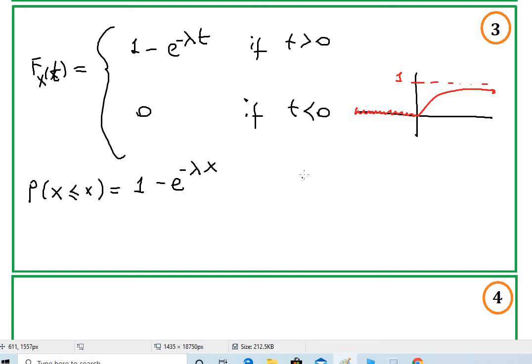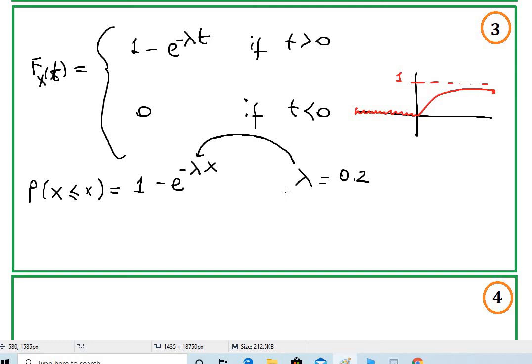If your lambda parameter is, let's say, 0.2, then you plug in 0.2 for lambda and find the probability that X is less than or equal to x. We're going to see that in the examples in part 2 of this video series.